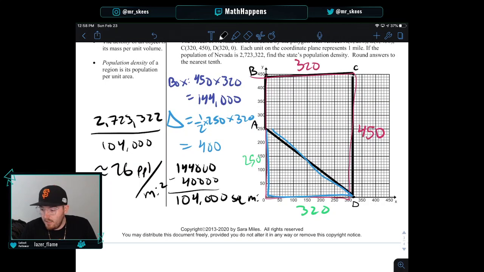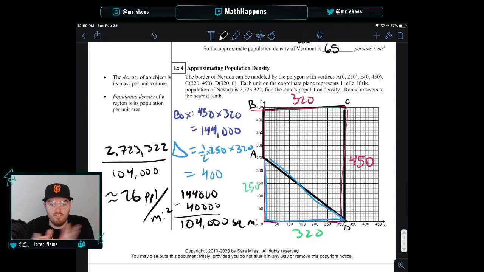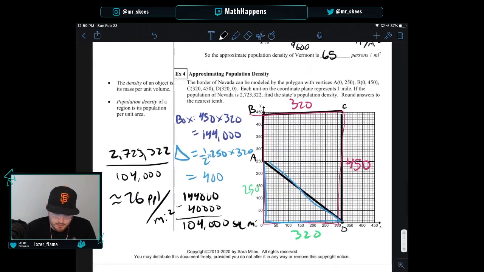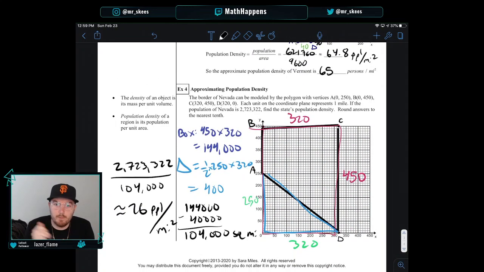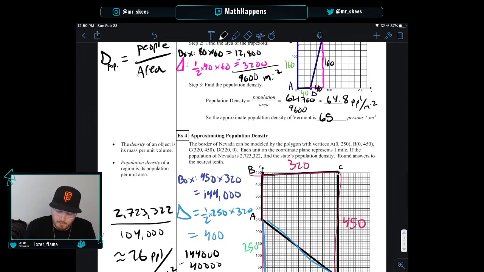So Nevada is 26 people per mile squared, while Vermont is 65 people per mile squared.